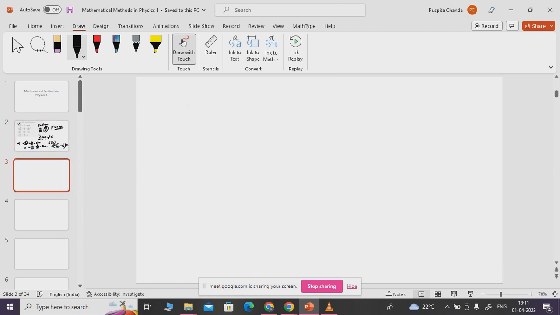So for the function to be linear we need to follow this rule.